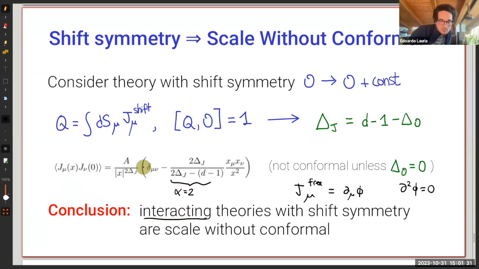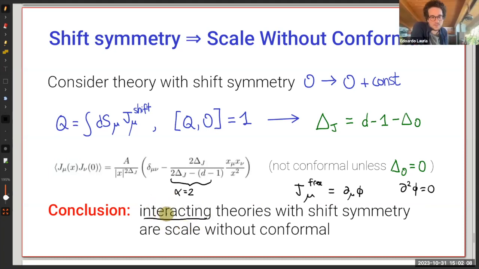Yes, but then this conclusion does not explain why free Maxwell theory in 3D has a shift symmetry, yet it's not conformal. So you're saying that for certain free theories, shift symmetry is enough to imply that the theory is not conformal, but not if it's interacting.